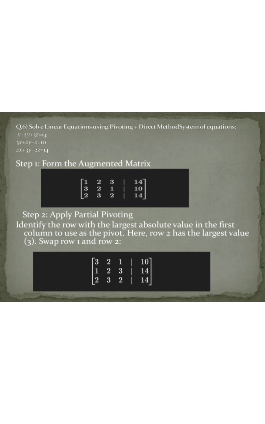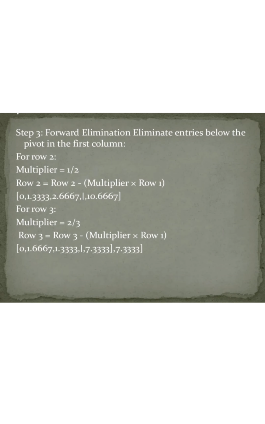Identify the row with the largest absolute value in the first column to use as the pivot. Here, row 2 has the largest value, 3. Swap row 1 and row 2. Step 3. Forward elimination. Eliminate entries below the pivot in the first column.